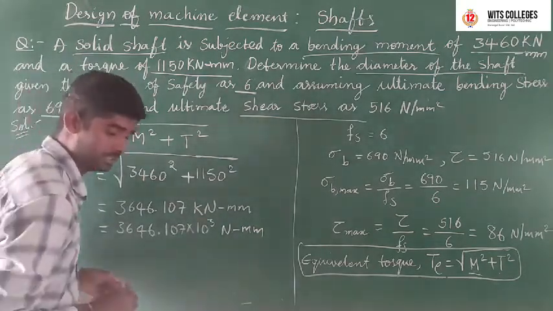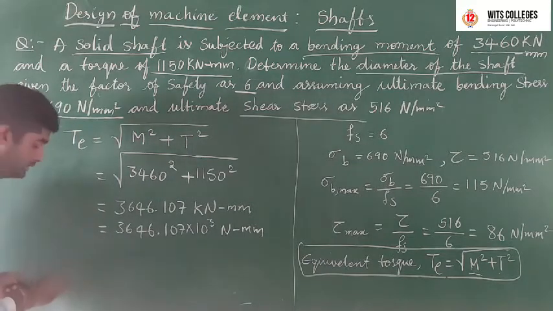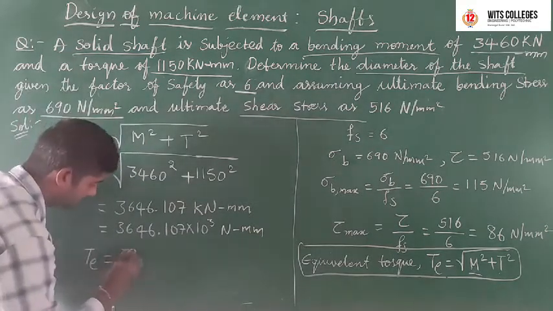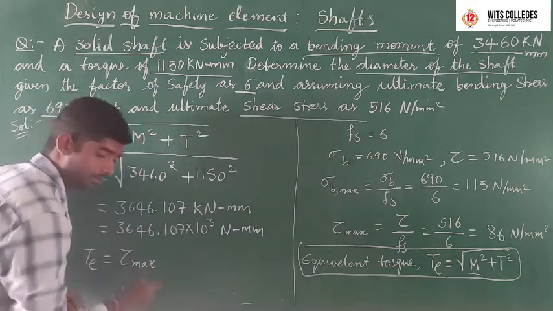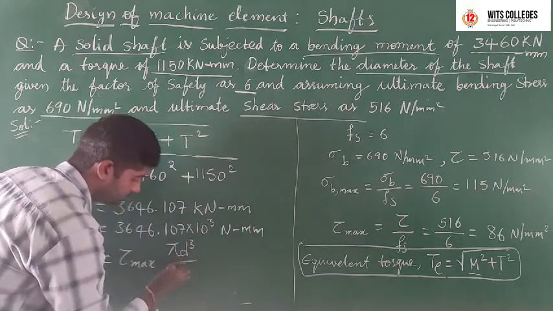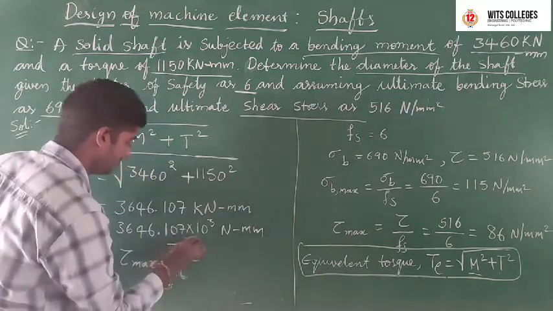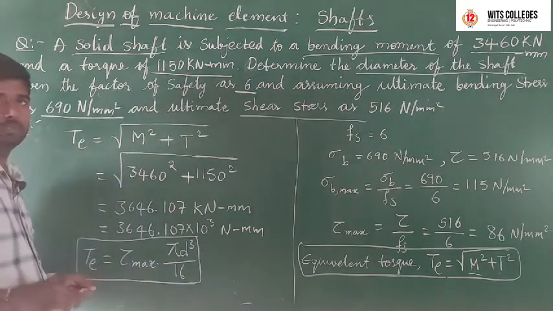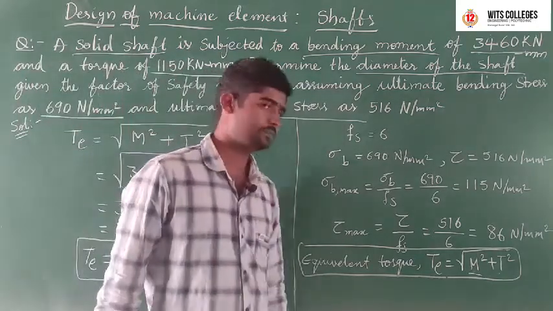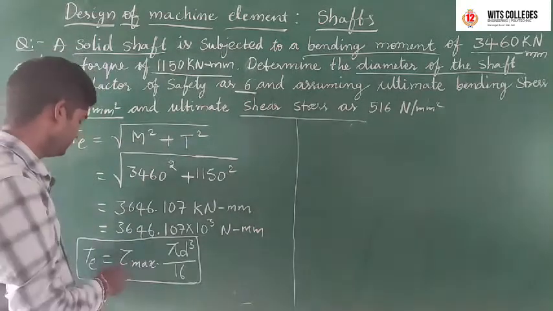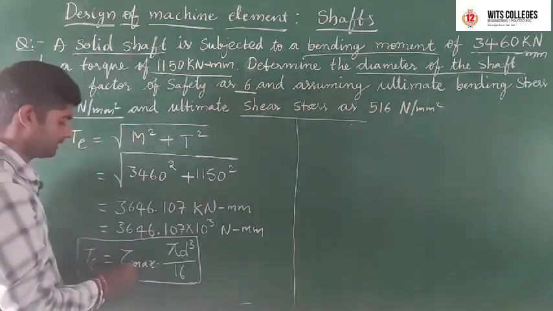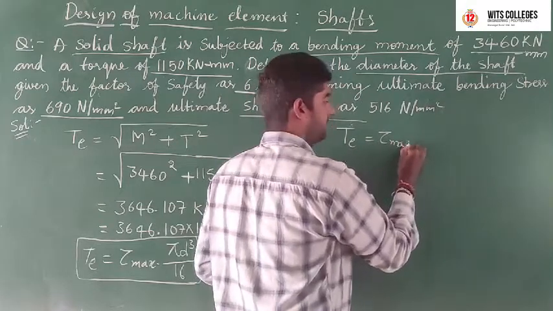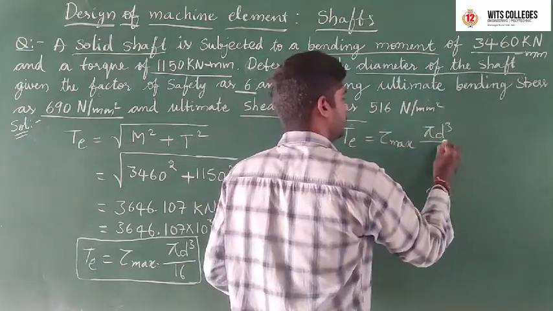There is also another formula for the equivalent torque: T is equal to tau max into pi d cube by 16.